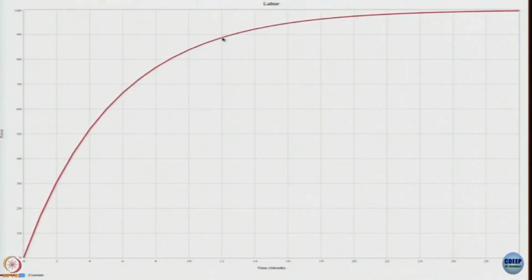Now at time 12 the total was at 88, which is about 65% of the gap remaining. The previous state was 65, so 100 minus 65 is about 35, and about 65% of 35 would have been fulfilled at time 12.